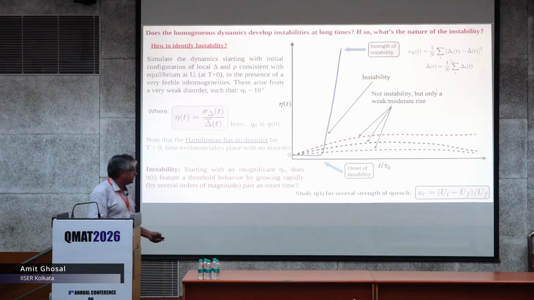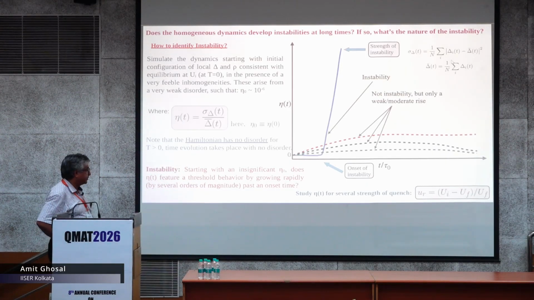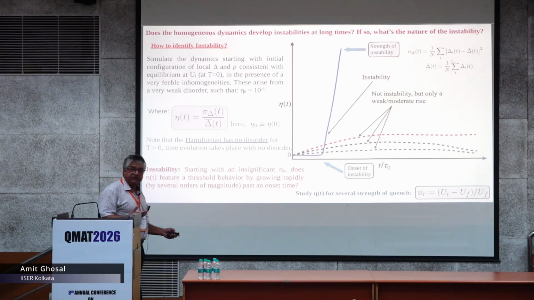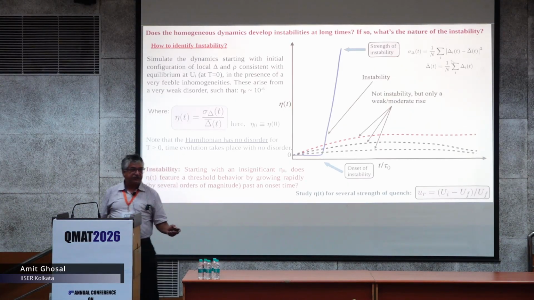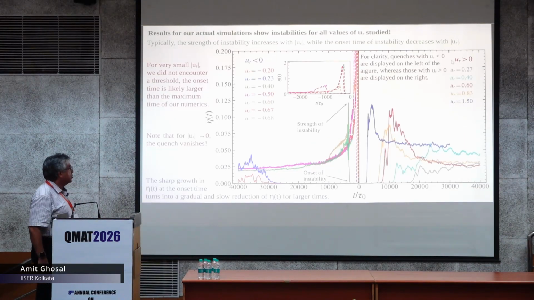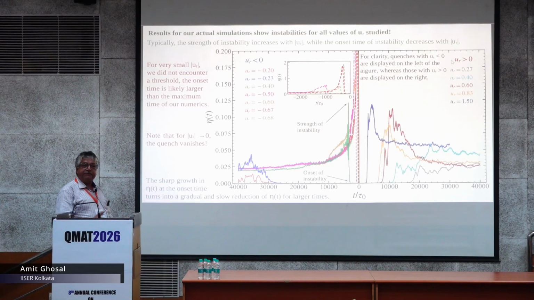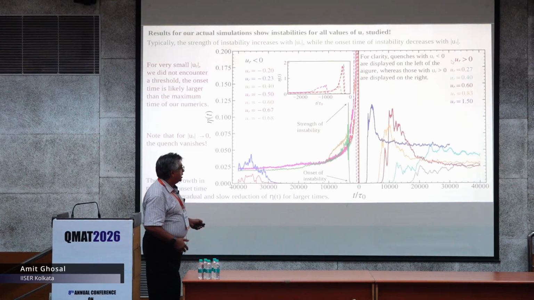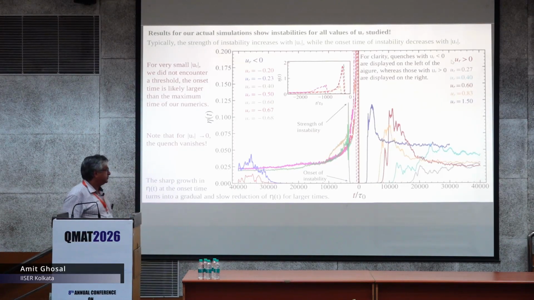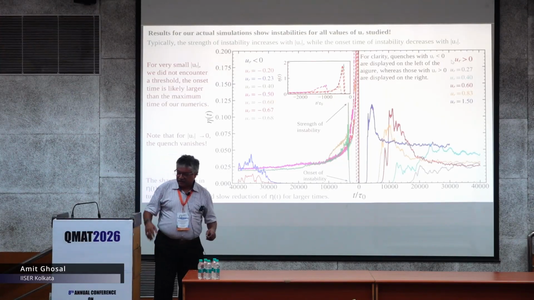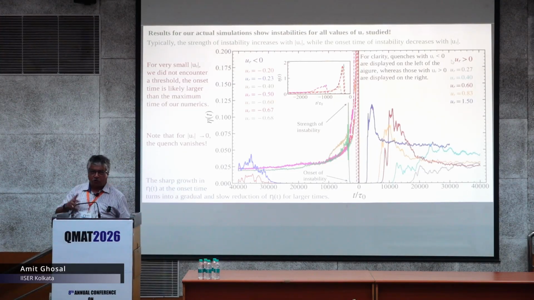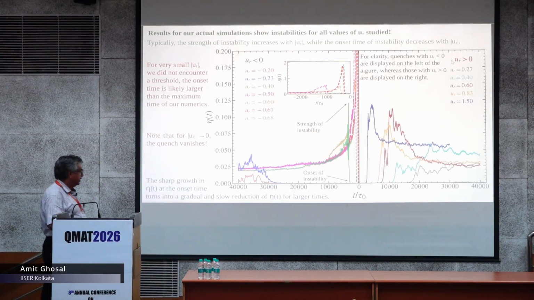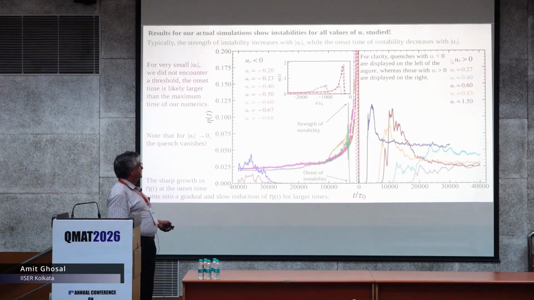This is a dimensionless object, and that of course gives you the strength of the quench, and it can take a positive or negative value depending on which one is larger and which one is smaller. So what we are plotting here is the behavior of this eta as a function of time. Time is given in terms of some fundamental time scale, which is 1 over the hopping of the Hubbard model. We'll come to that again, but this is essentially time.